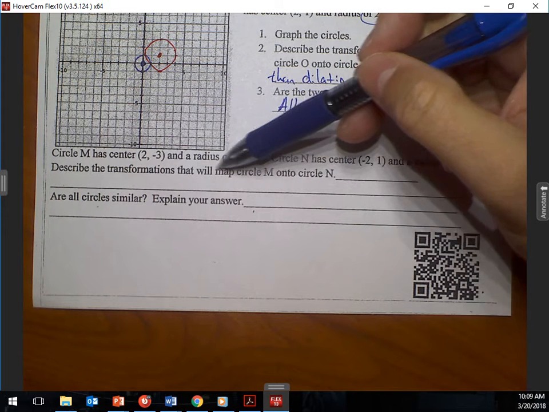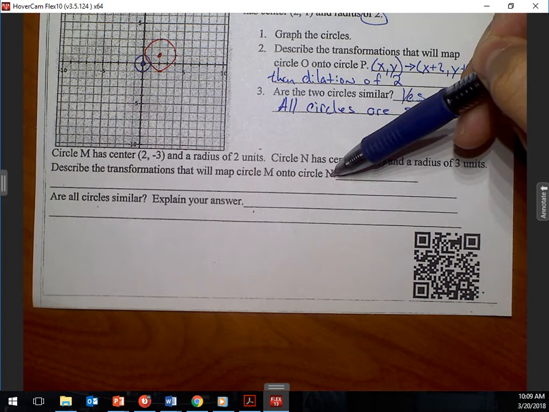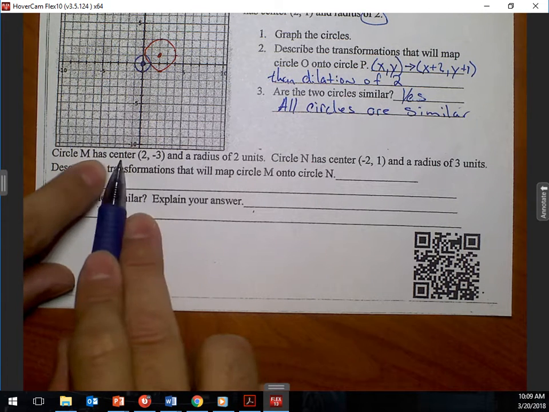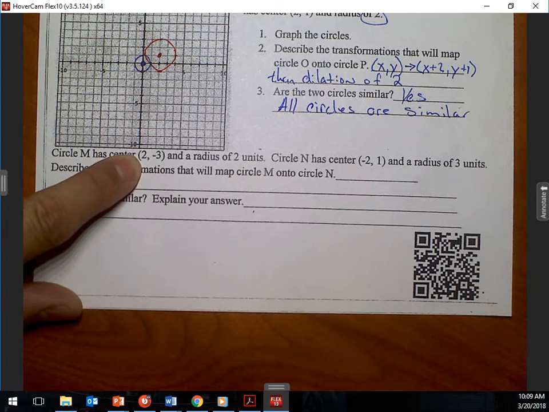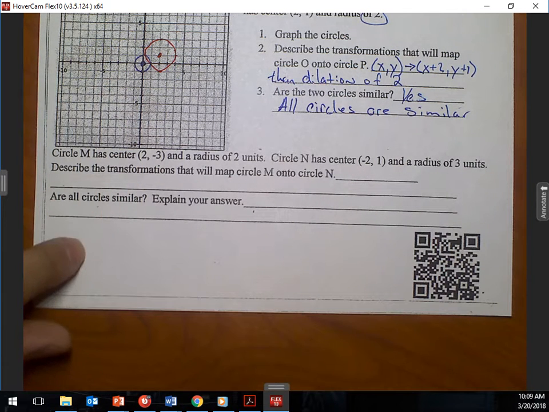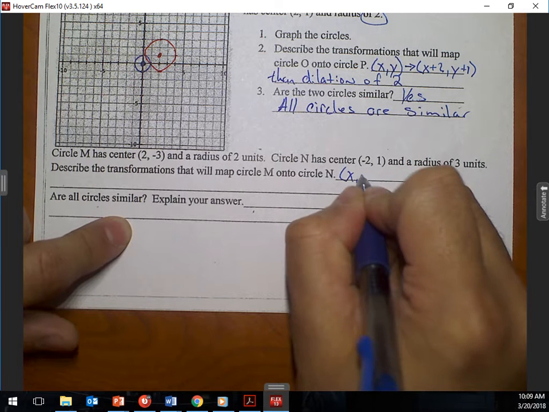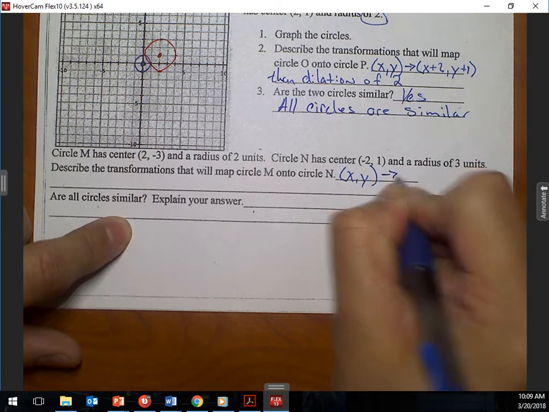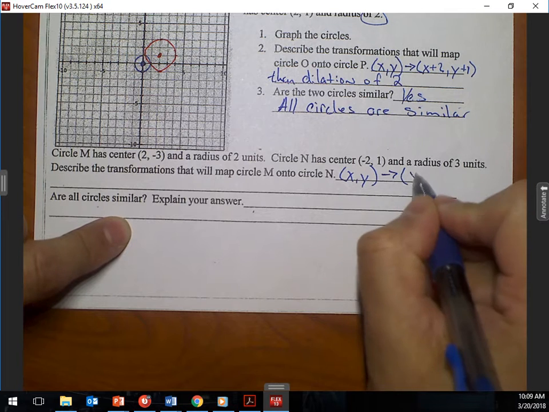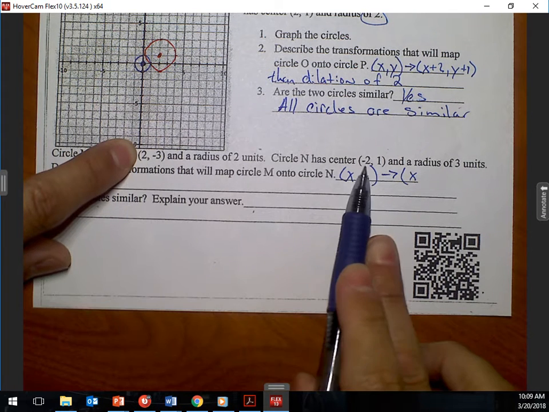Describe the transformation that will map circle M onto N. We don't actually need to draw it on the graph. We just need to look at my X values. So let's start with the translation. X, Y is moving: the X value goes from positive 2 to negative 2.